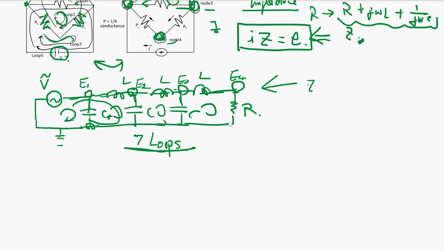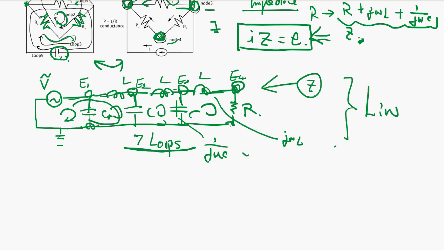So using impedance, this impedance here is J omega L, and this impedance here is 1 over J omega C. So using impedance, you do the same Kirchhoff's method to solve the AC circuit analysis. Okay, so DC or AC, as long as it's linear, Kirchhoff's theory works.